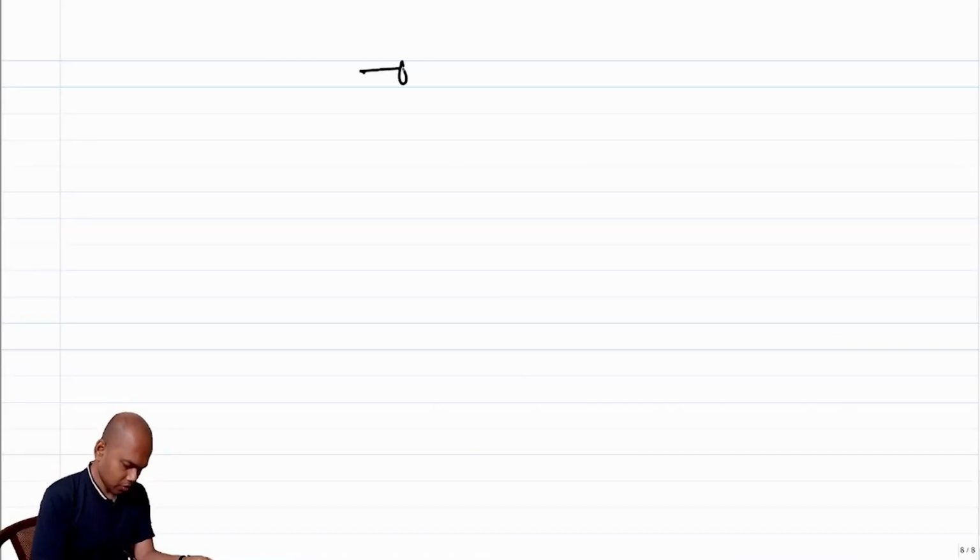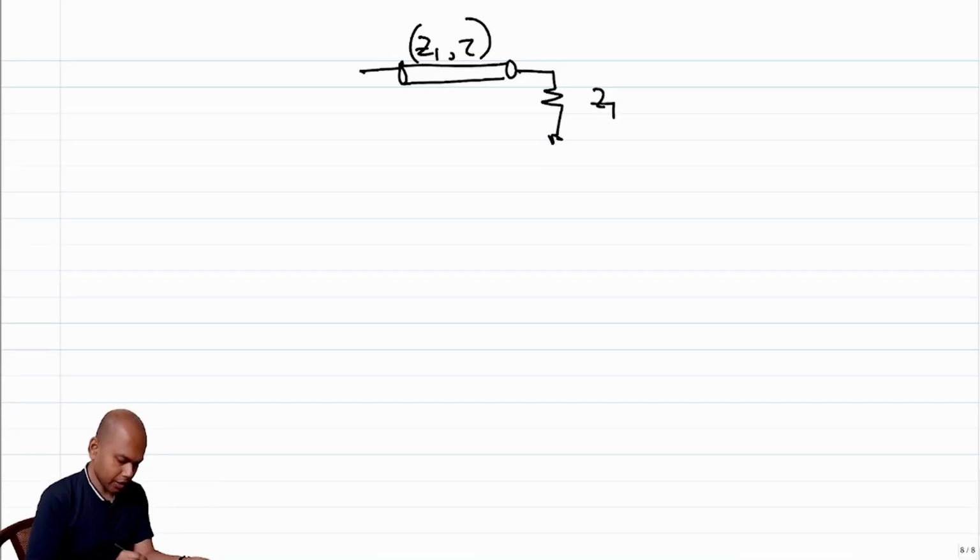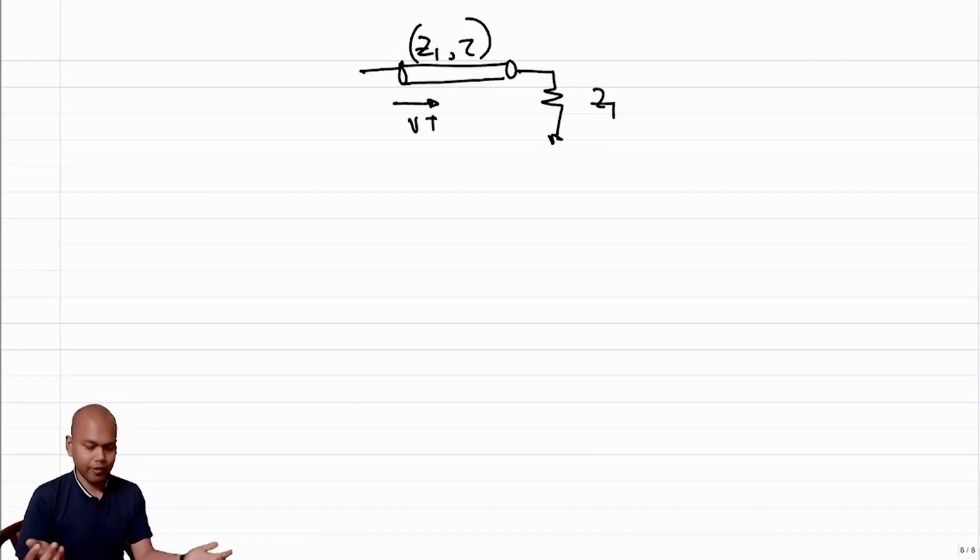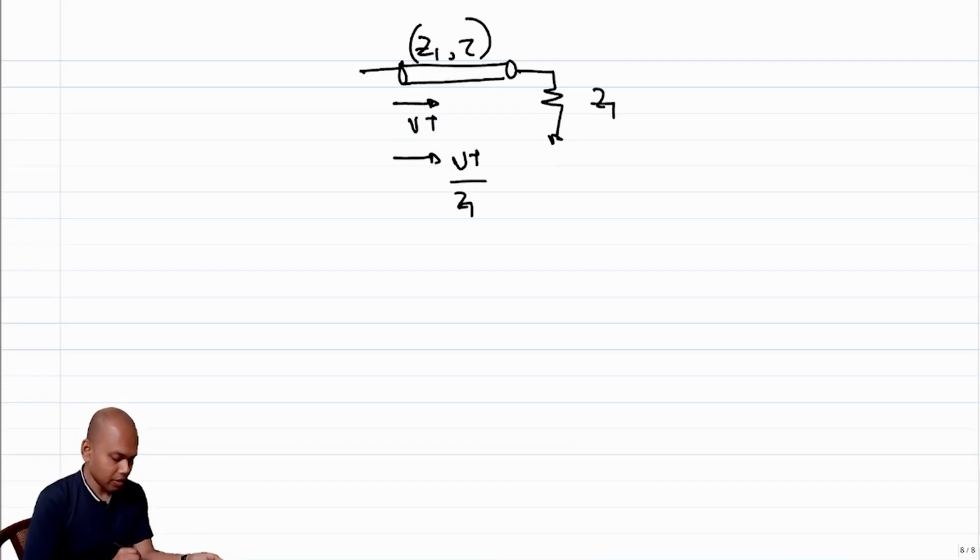So if you have a line having Z1 and tau, and this is terminated with Z1, I know that there is no reflection anywhere in the line. So I know the forward going wave is the only wave, that is V plus, the voltage wave. The forward going current wave is also V plus over Z1, right?